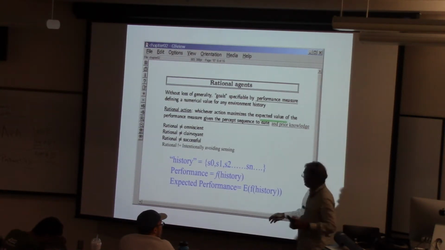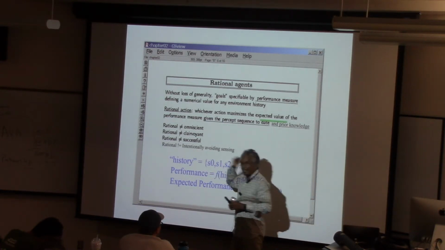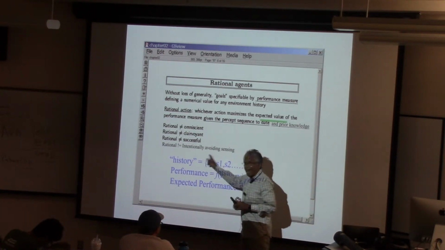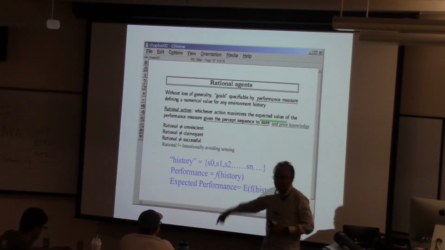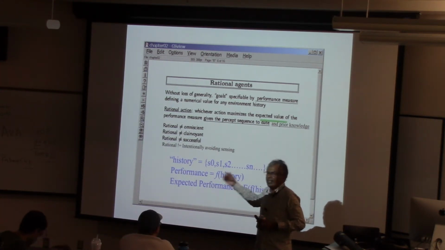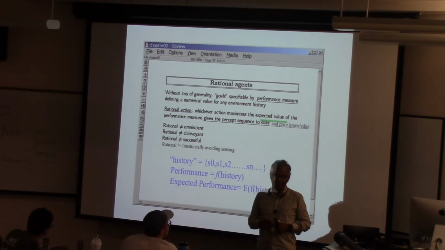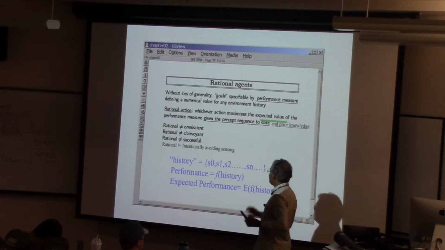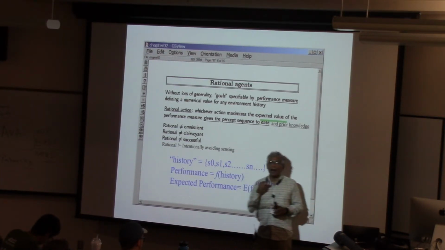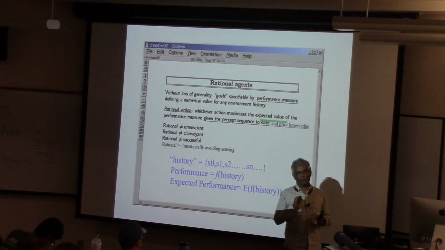So you can essentially look at the decisions that the agent made, not just the states, but the actions it did. And then see if these actions were done by somebody else, on the average, what would be their performance? That's the expected performance. A rational agent will try to optimize the expected performance.